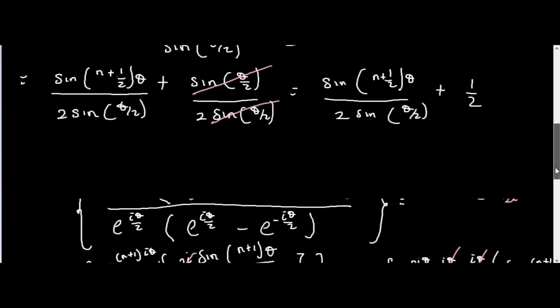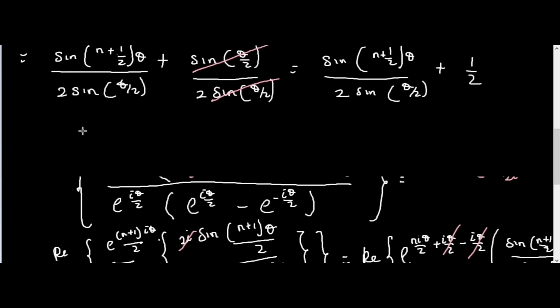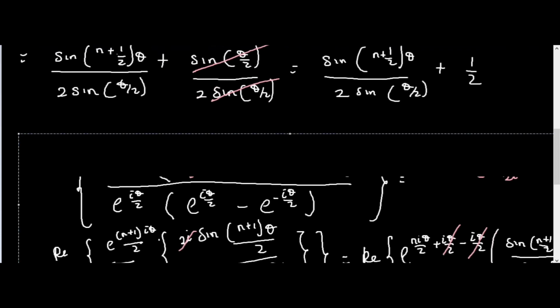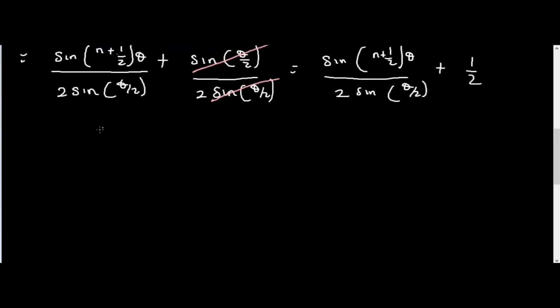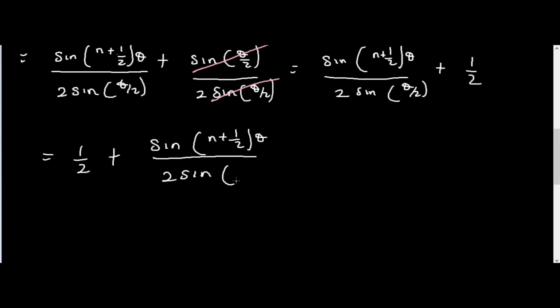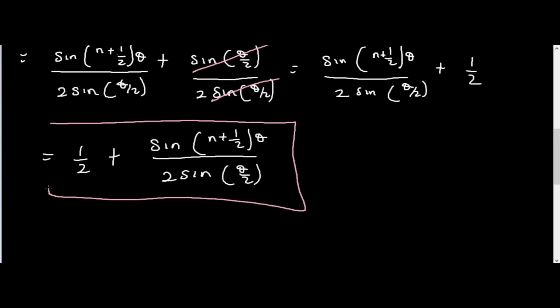And of course, ladies and gentlemen, you can see that we have gotten our answer. Our answer will be what now? 1 over 2. If you were to place it to the required answer, you just have to rearrange 1 over 2 theta over 2 sine of pi over 2. And we are done. Are we not done?